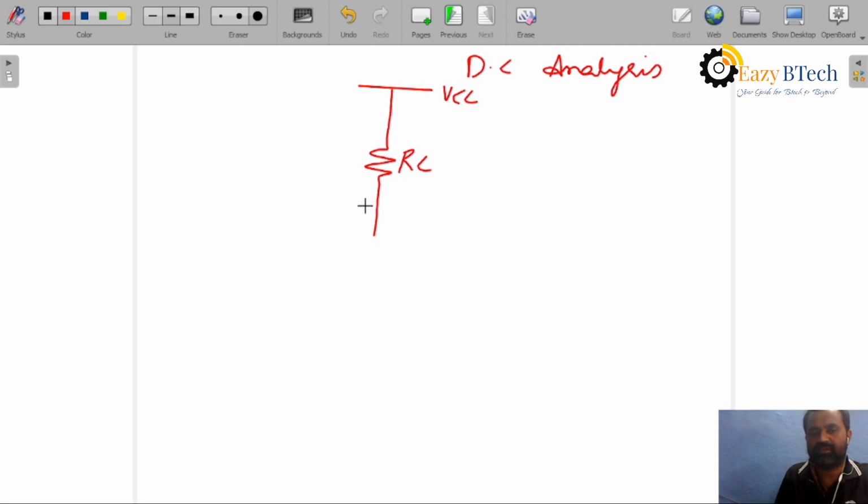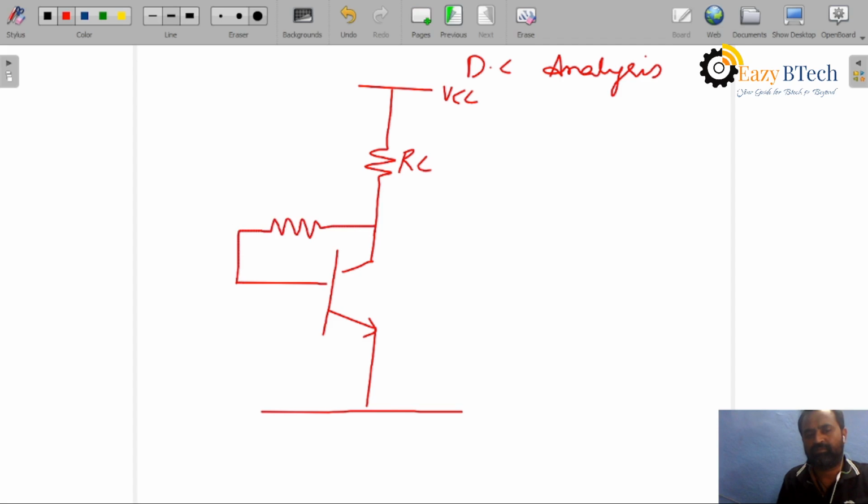This is VCC. This is VBE, here the voltage, and from here to here the voltage is VCE, and it is base, it is collector, it is emitter.